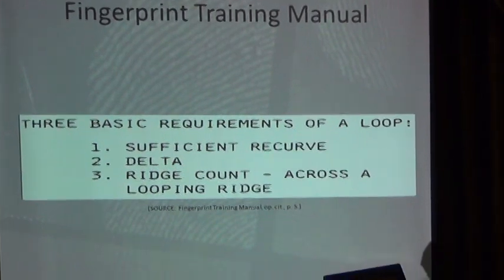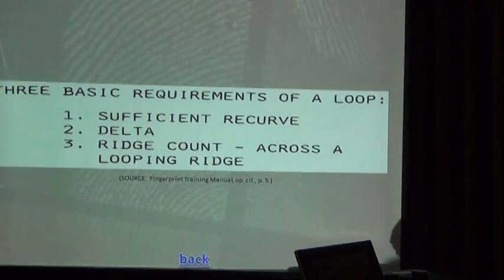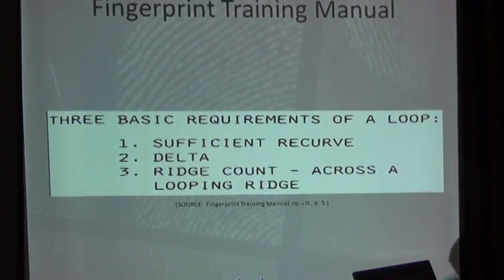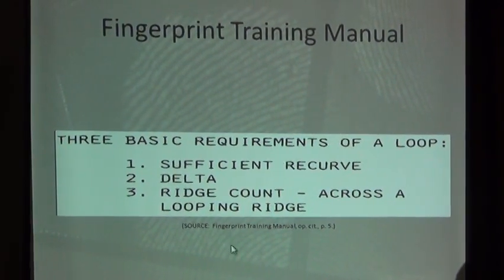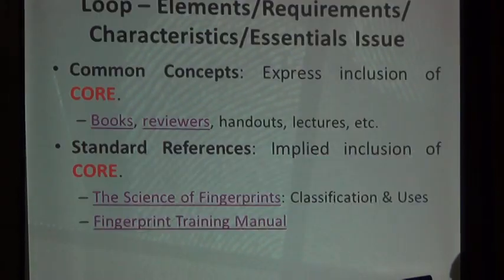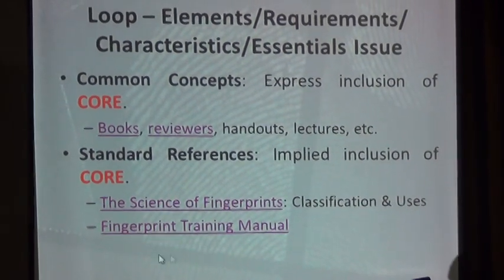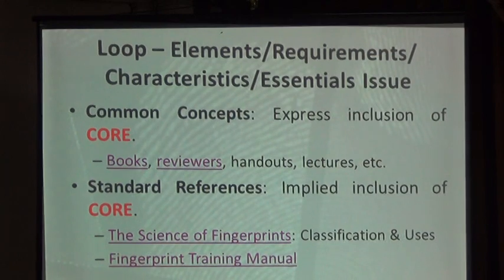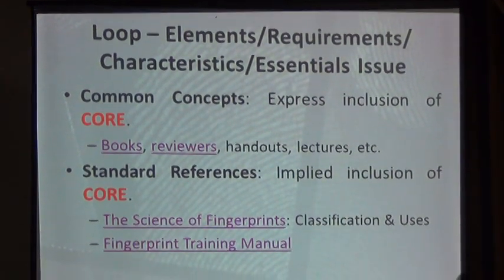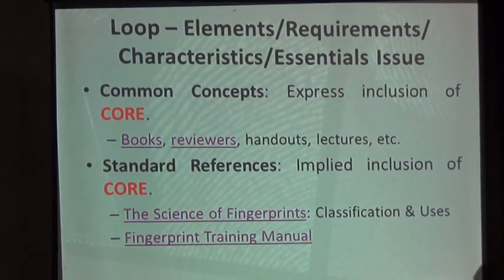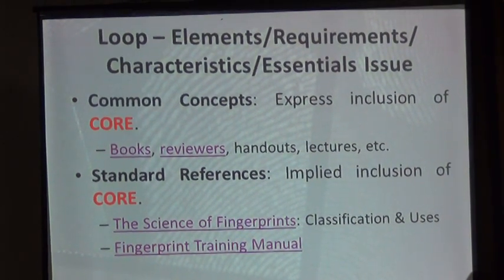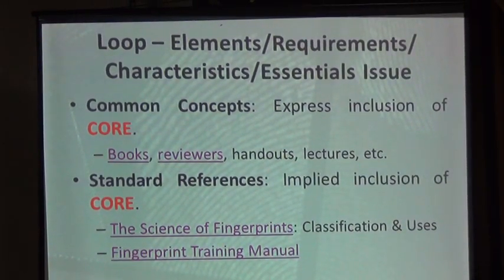Now, do we follow the standard, or do we have to follow our own? Is there a difference really of expressing the core in the elements, or do we follow what the standard says?